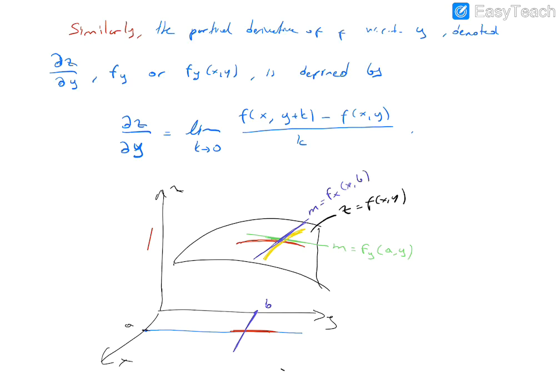You can observe easily this intersection point is the point a, b, and the z value at this point is f of a, b. So that is the interpretation of the partial derivative.